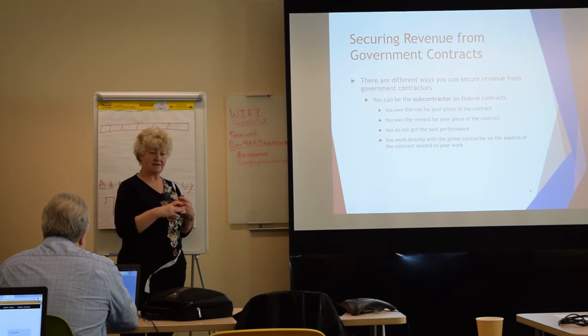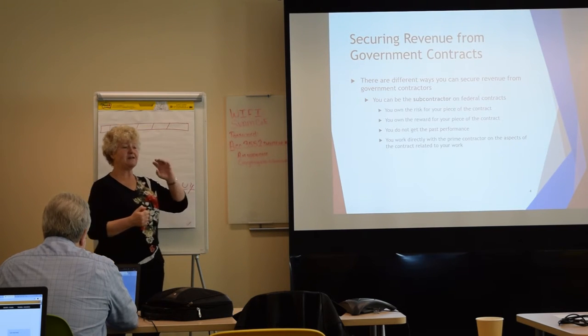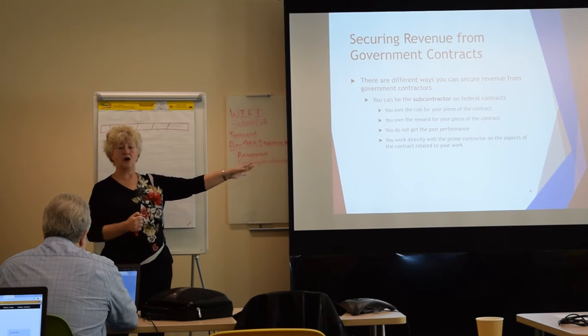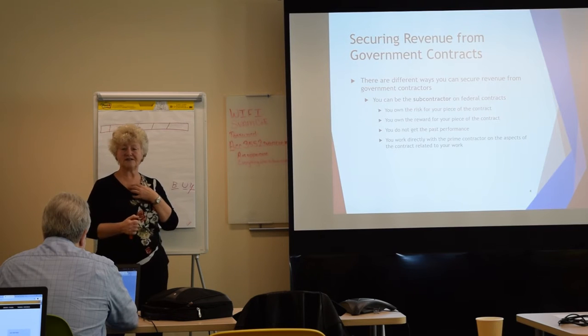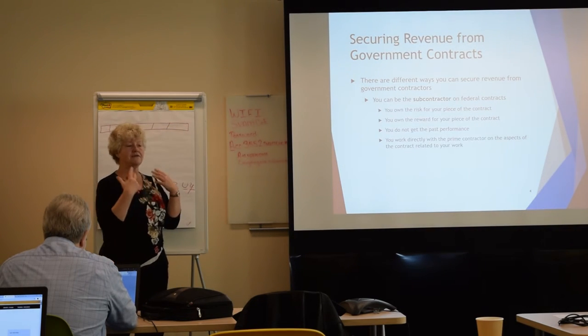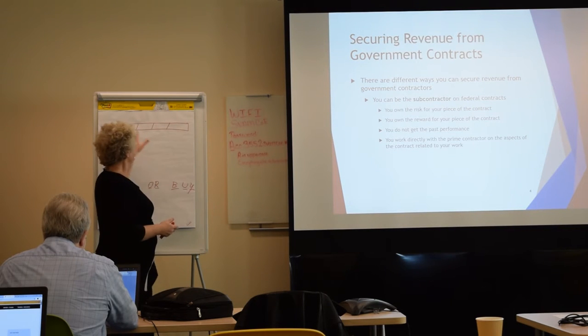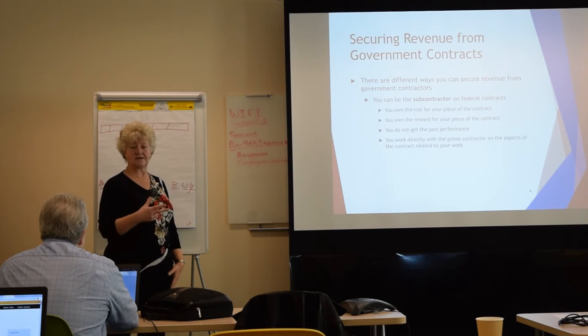So sometimes I have the right resources, but what's going on with my right resources? They're busy. Right, they're doing other projects, right? So maybe I have them, but they're not available. Or maybe I don't have them. Or maybe it's not cost effective for me to provide them and I can get them cheaper by using a subcontractor. Whatever the rationale is, for each component of the contract, the prime contractor makes that make or buy decision.